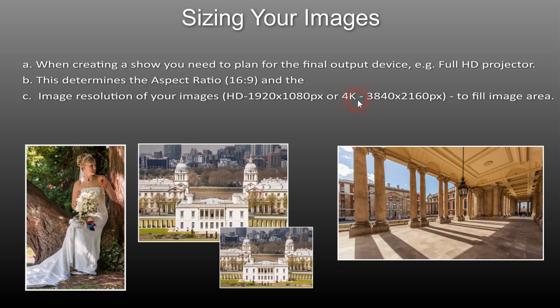Or if it was 4K scale for 4K telly, which is the new standard that's coming in, it'd be 3840 pixels across by 2160 pixels vertical. If you wish to fill your screen with an image, and of course you don't need to fill your screen, you can have smaller images within the show if you wish.